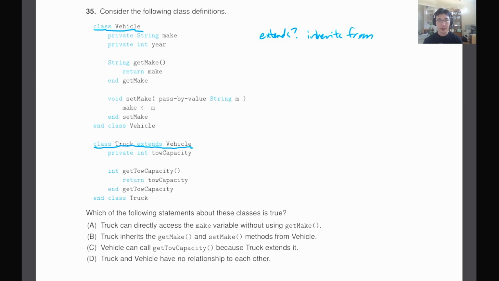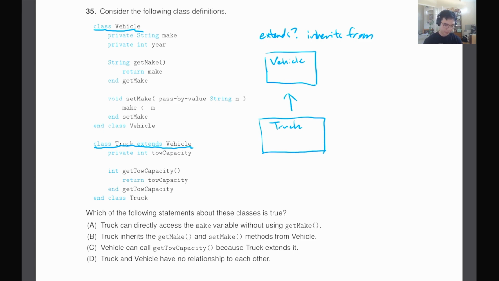So if we were to draw a UML class diagram, or a simplified version, we might have the Vehicle class, and extending from it or inheriting from it, we have the Truck class. Okay. And then we also have a couple of other things. We have private, and some public methods right here. And typically we use minus signs to denote private and plus signs to denote public.